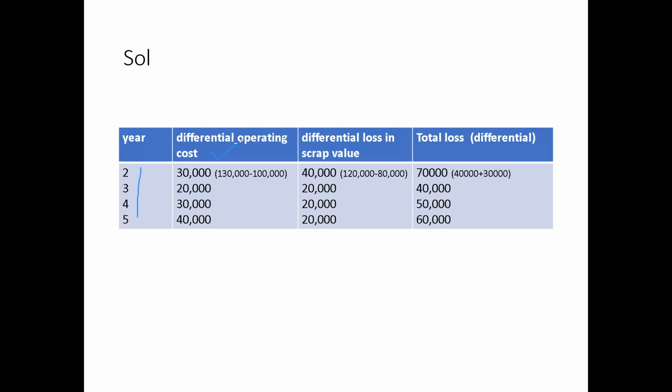So differential operating cost is simply the difference between the 2 years' values. Again, we are given the scrap value, so we'll calculate the differential scrap value, and the last column is the total loss. That means differential operating cost plus differential scrap value.